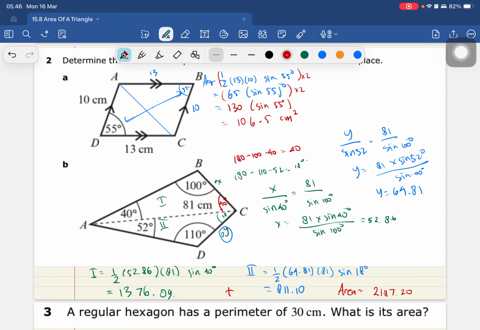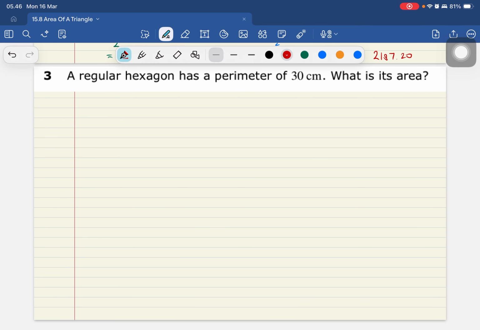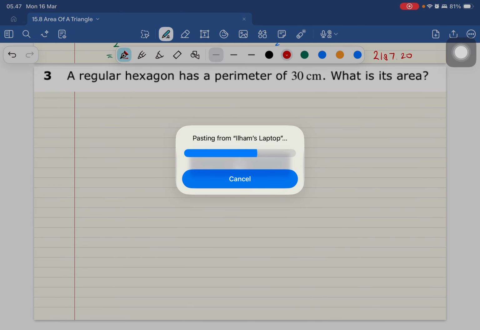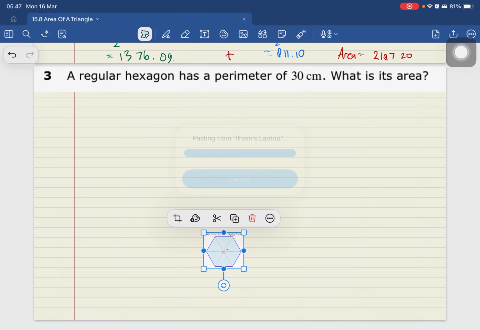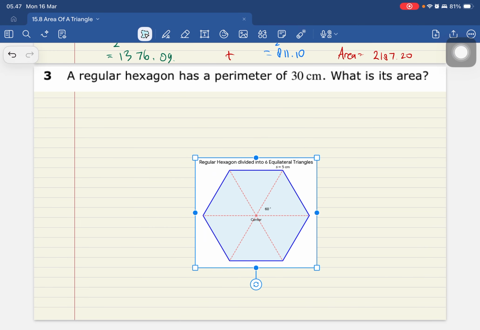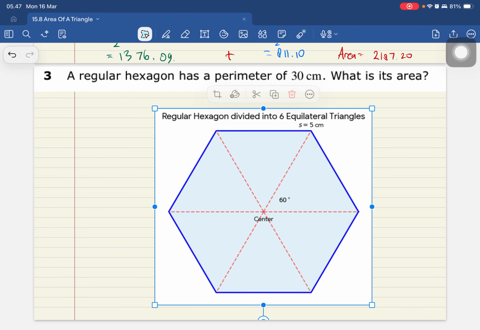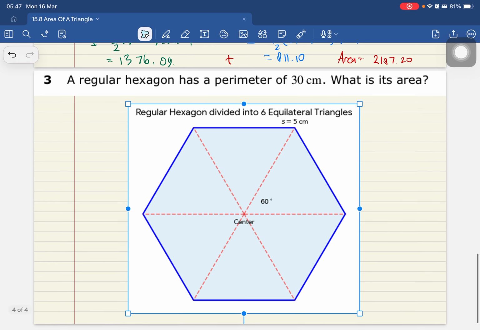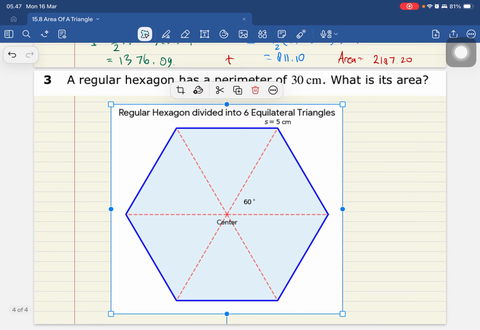Okay, number 3. A regular hexagon. So I will draw it here. I have drawn it; let me copy the image. Here it is. We'll divide it into 6 equilateral triangles, so all sides are going to be equal.